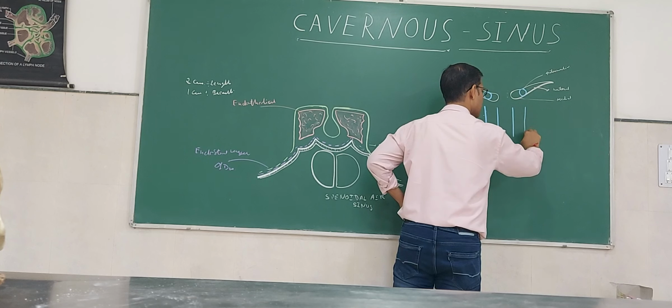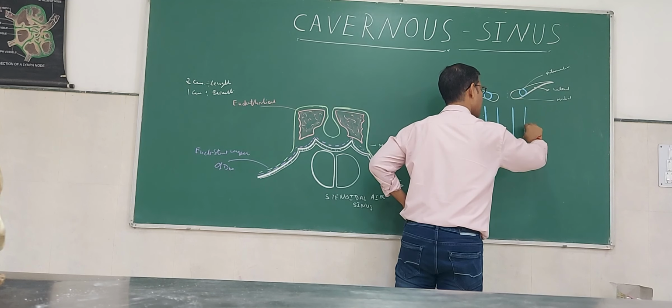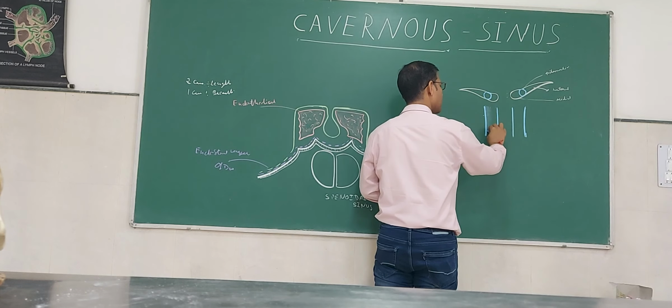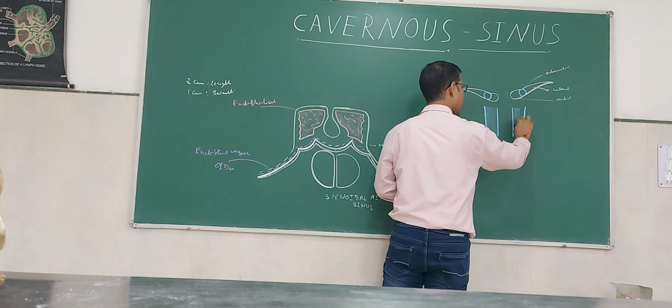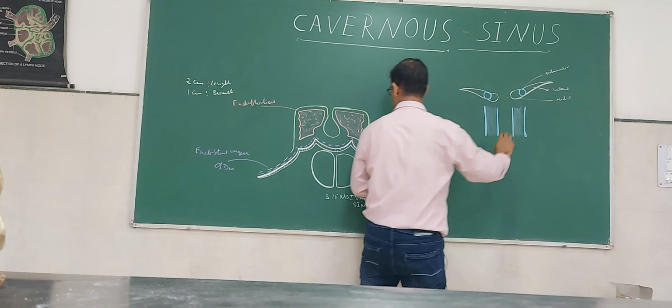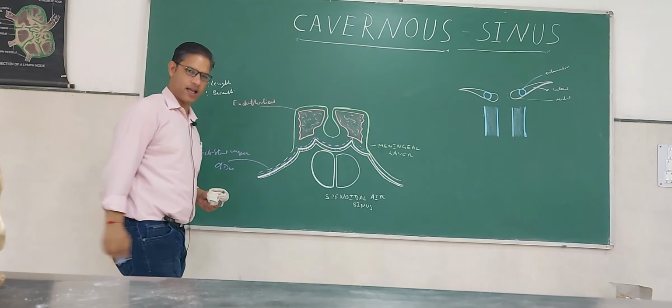This sinus is known as the cavernous sinus. By two views, one is the transverse view passing through the cavernous sinus, another is the coronal view showing the different relations of the cavernous sinus.